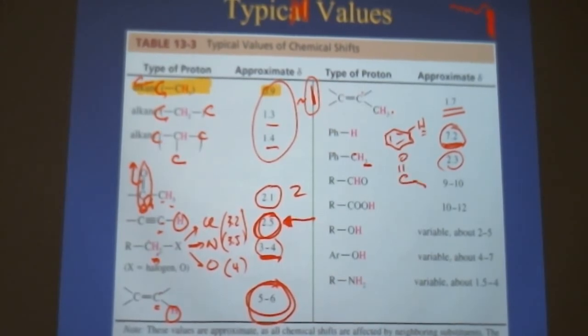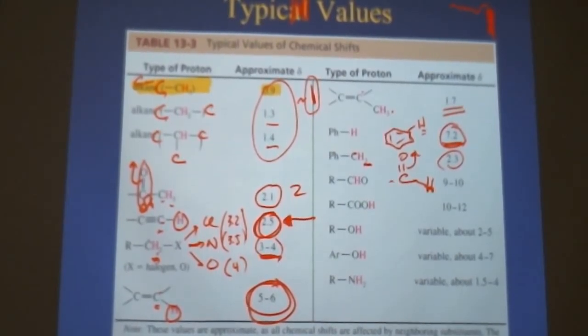If you have a hydrogen attached to an sp2 carbon that is attached to an oxygen, which is sucking electron density away, putting a lot of positive charge here, this is very downfield, between 9 and 10. And even more so if you're part of a carboxylic acid. Now, with all this resonance and this being attached to an oxygen, this is coming at 11, 12, 13. That's the hydrogen in a carboxylic acid.